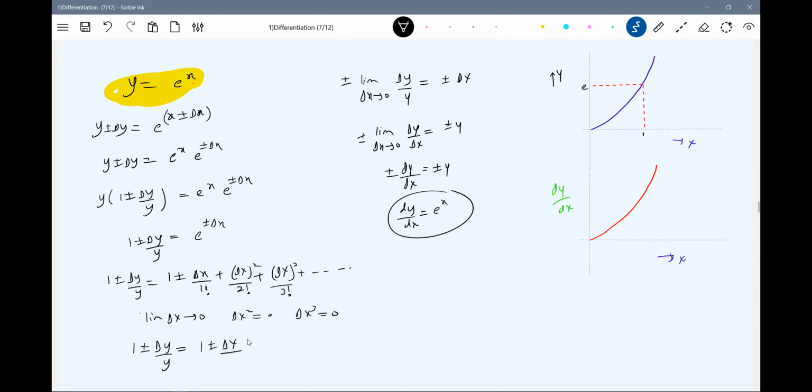At x equal to 1, the value of y is equal to e. Similarly, at x equal to 1 in the dy by dx graph, the value of dy by dx also will be e.